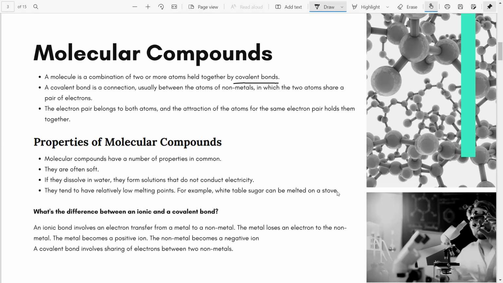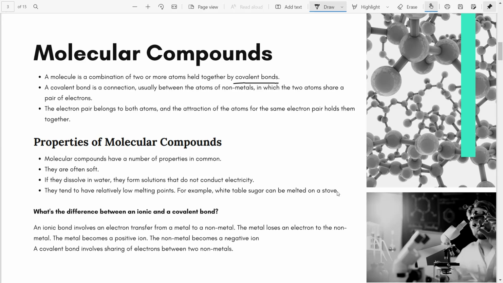The electrons aren't being shared, or it's not that the electron is jumping back and forth. It's completely gone from one atom, from the metal, and the non-metal then takes that electron and then makes it part of it permanently.